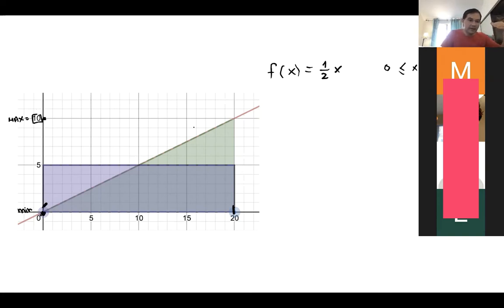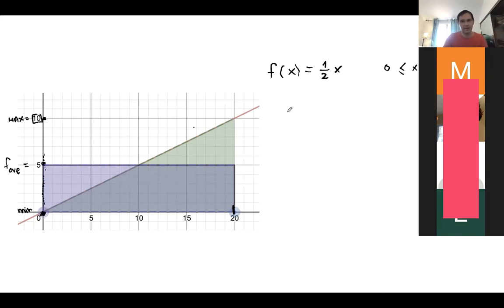So the function takes many values between 0 and 10. What would be the average value between 0 and 10? The intuition is that it would be 5. When we do the computation, we should get that f average should be equal to 5.